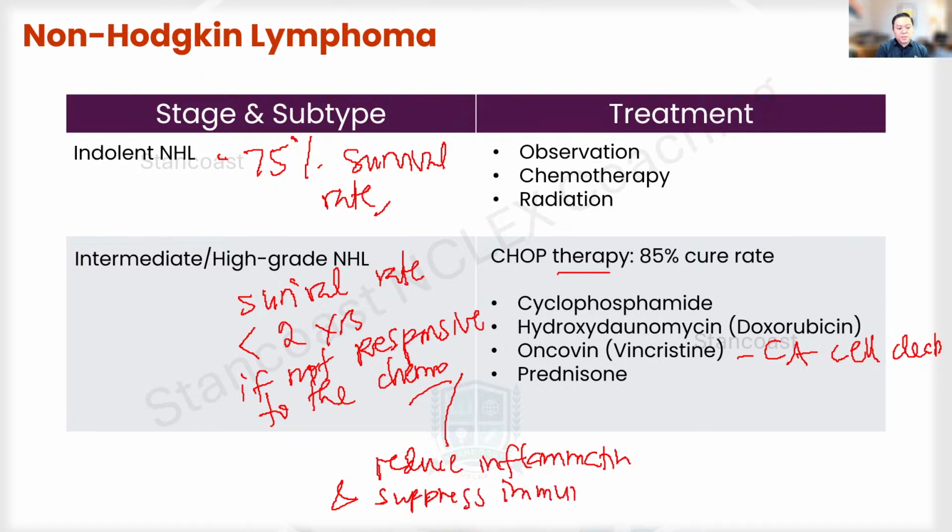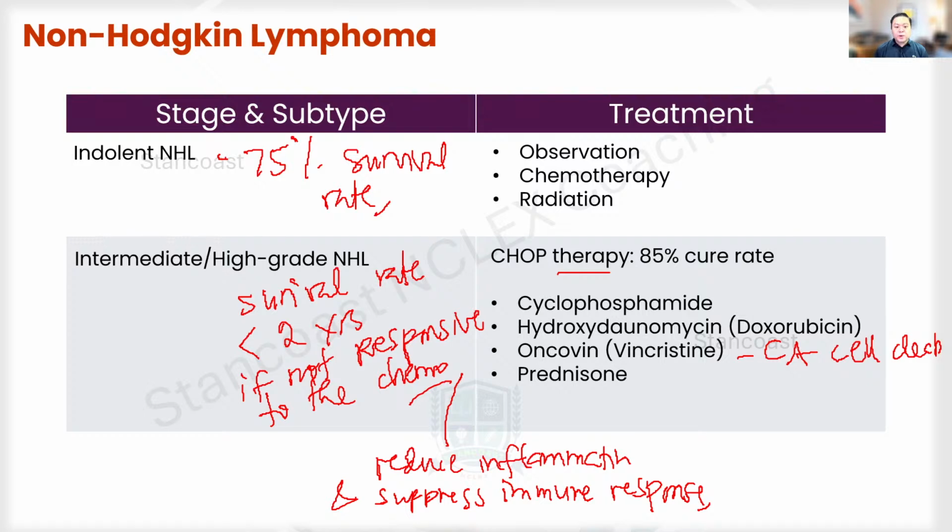So the prednisone here has a very unique role in the treatment of the non-Hodgkin's lymphoma, being used as an anti-cancer agent. And the exact mechanism with the prednisone is not fully understood yet, but it has a unique role in the treatment of the non-Hodgkin's lymphoma.